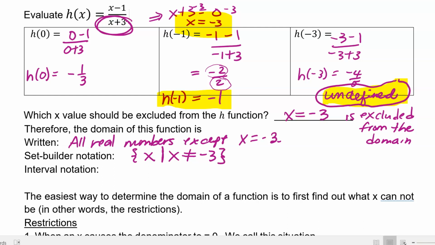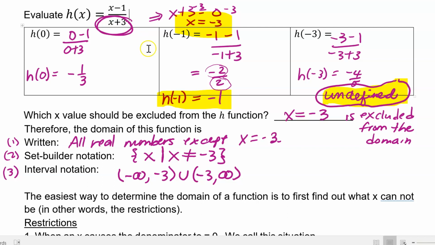And if we wanted to write it in interval notation, we'll put a parenthesis, negative infinity to negative 3, parenthesis, union, parenthesis, negative 3 to positive infinity. So there are 3 different ways you can write the domain of this function. I want you to be familiar with all 3. Be able to write at least one of them out, but just be familiar with all of these actually meaning the same thing. They're just written in different formats.